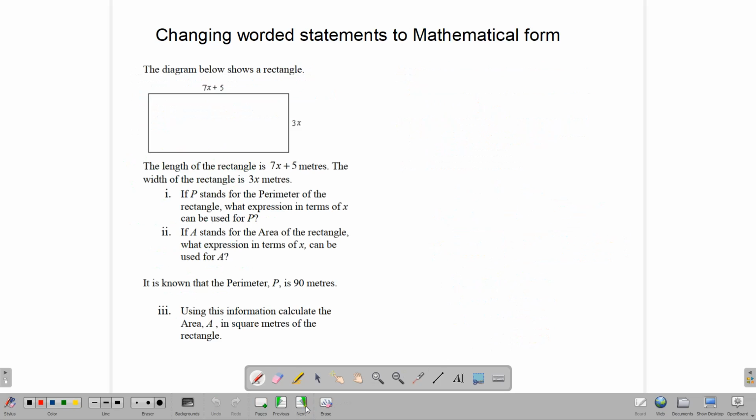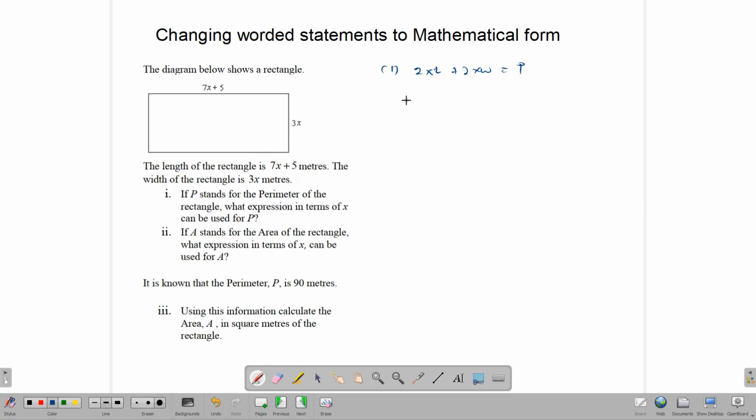And then there are some other type questions like these. The length of a rectangle is 7x plus 5, and its width is 3x. If P stands for the perimeter of the rectangle, what expression in terms of x can be used for P? Well, how do we find perimeter? Perimeter is 2 times length plus 2 times width in a rectangle.